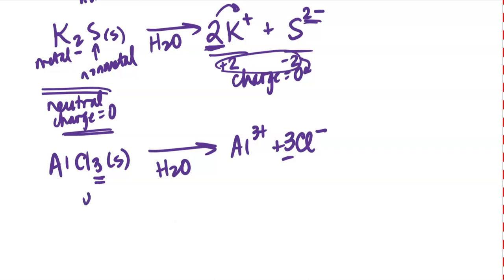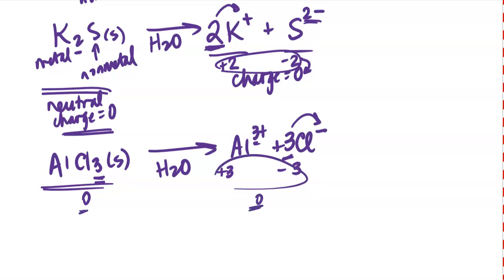Notice again, my charge here should be 0 because I have a neutral compound on the left-hand side of the equation. Here, I have a 3 positive charge for aluminum, so that's +3. And now by inserting that coefficient of 3, I have -3 as the aggregate charge for the chloride ion. So if I add those two together, I'll get 0 as I was expecting.